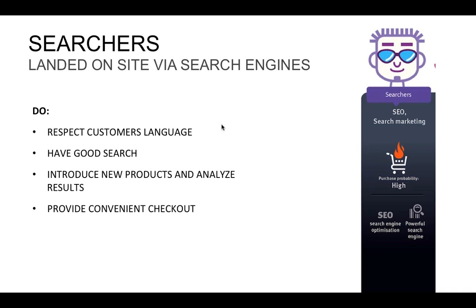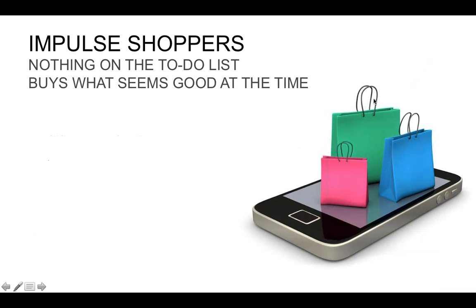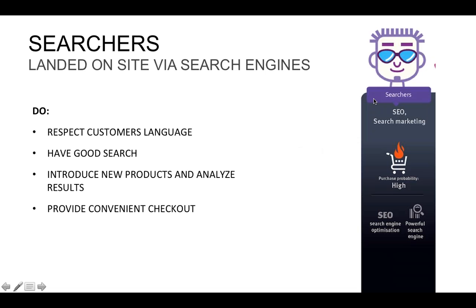So you want to respect that customer language and that higher level of ability to search and find what they want. So you want to make sure that your website has good search. If you have an online store, it's incredibly important that you actually take the time to add things like references or metadata, or the ability to compare.